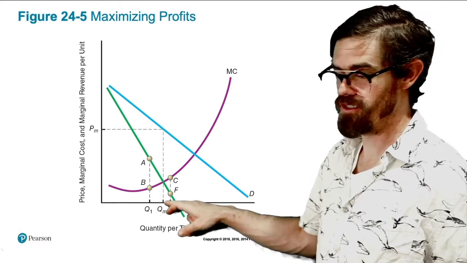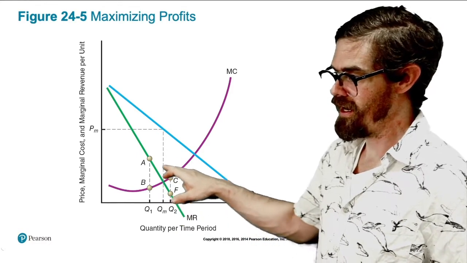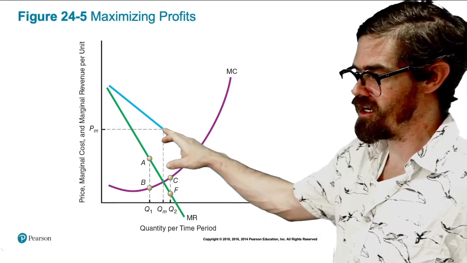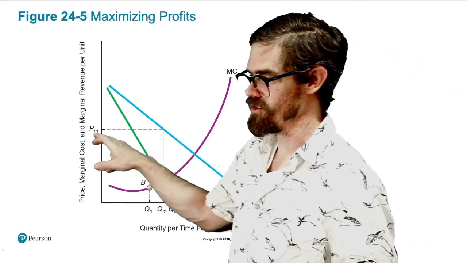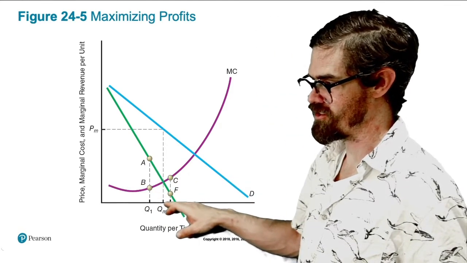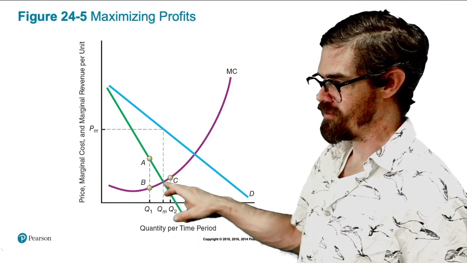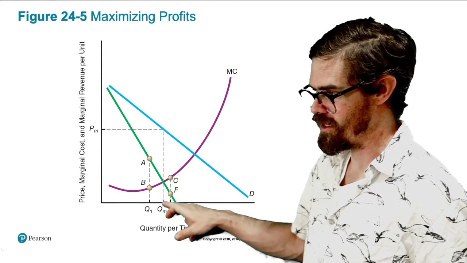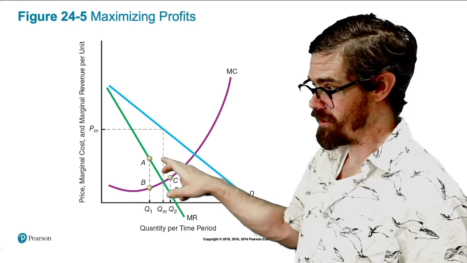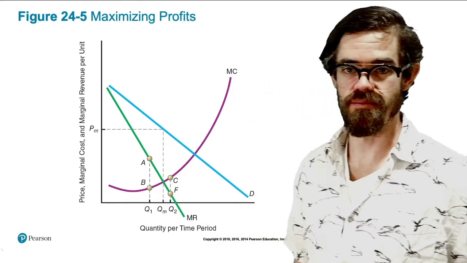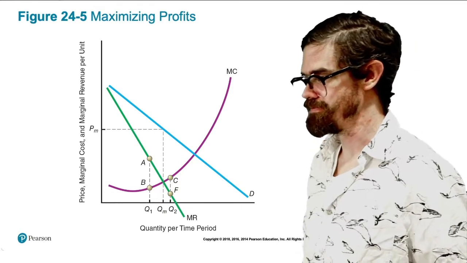Well, that's what the demand curve tells us, right? What can the monopoly charge and sell that amount? Well, it's given to us by the demand curve. So if you're doing this exercise yourself, you would start by finding where marginal cost equals marginal revenue. That determines quantity. And then you go from that quantity up to the demand curve to figure out the price that the monopoly can sell that quantity at.